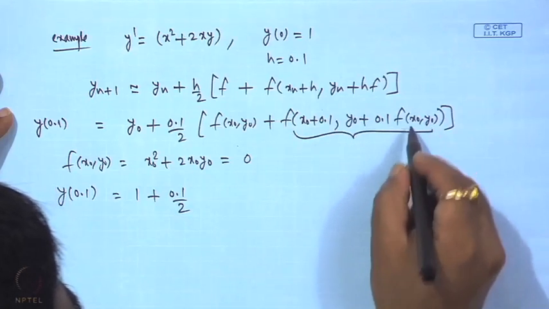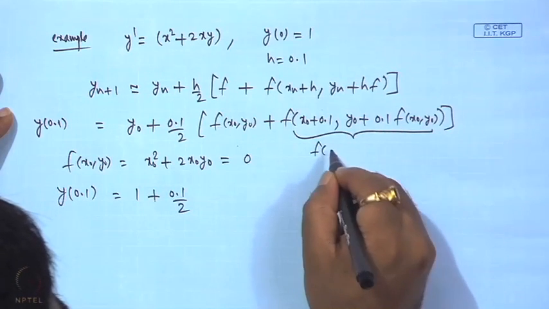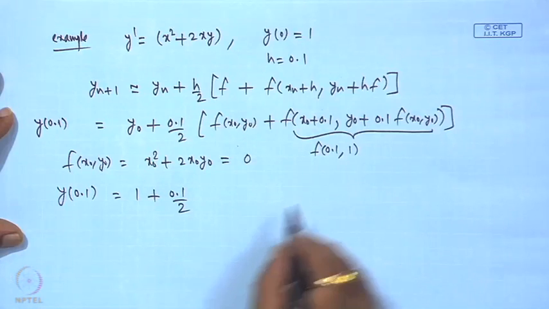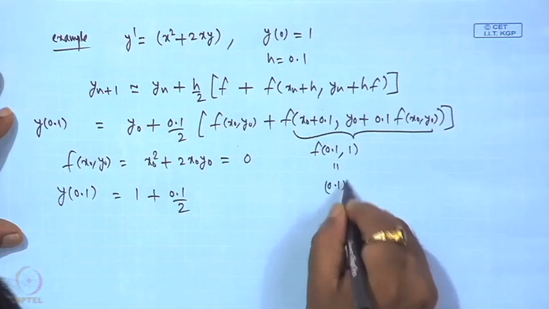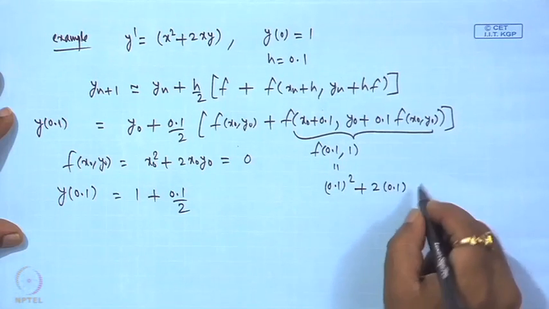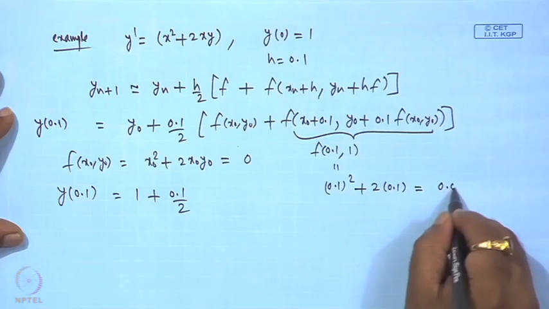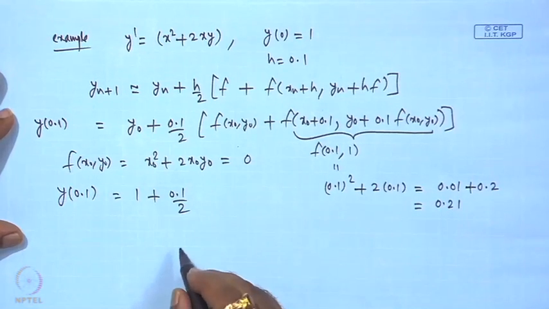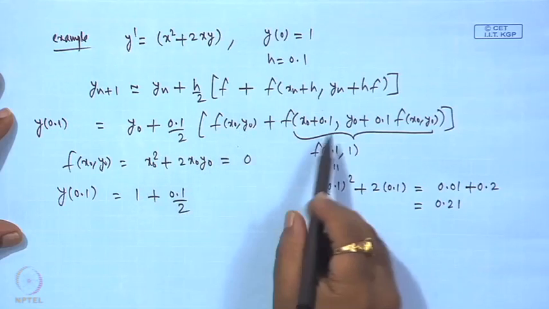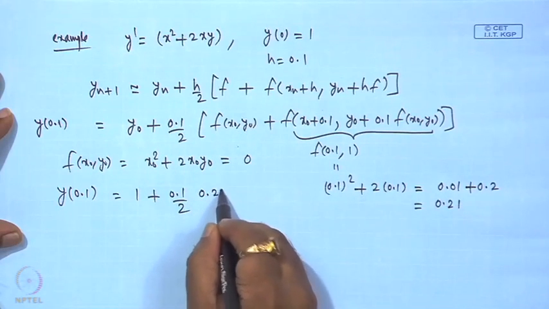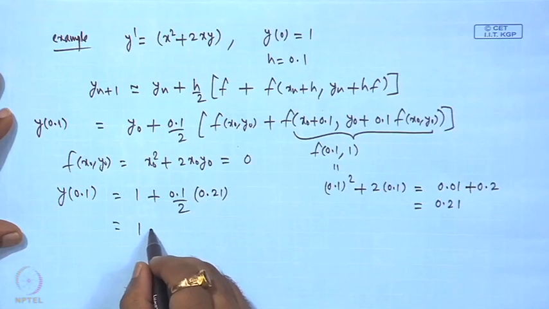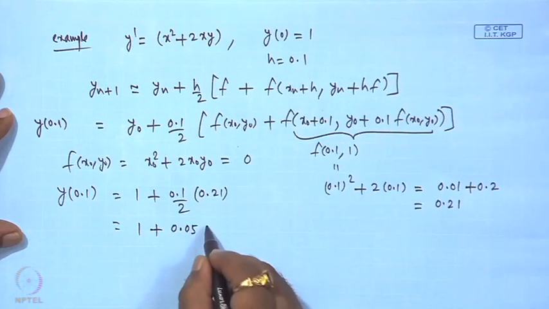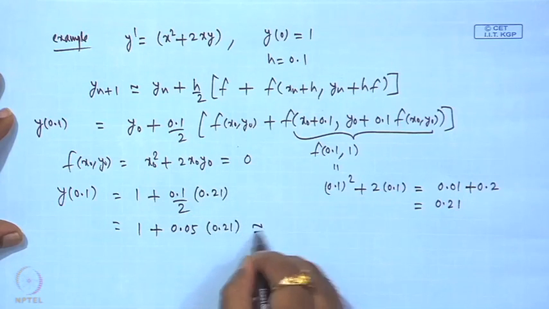So this reduces to f of 0.1 and 1, which is 0.1 square plus 2 times 0.1. So we get the value.